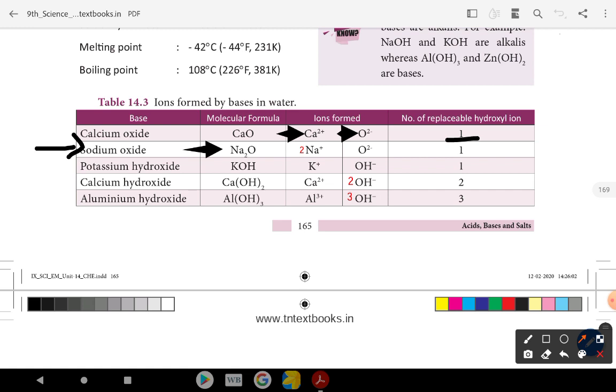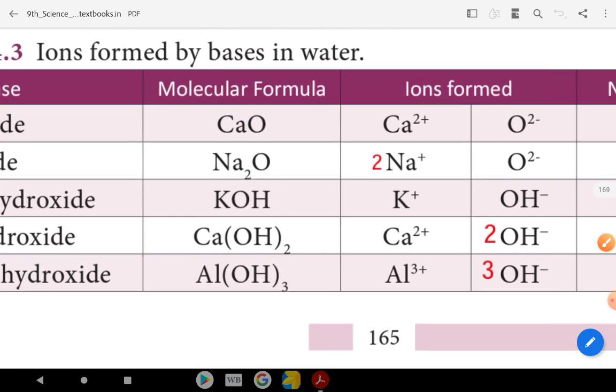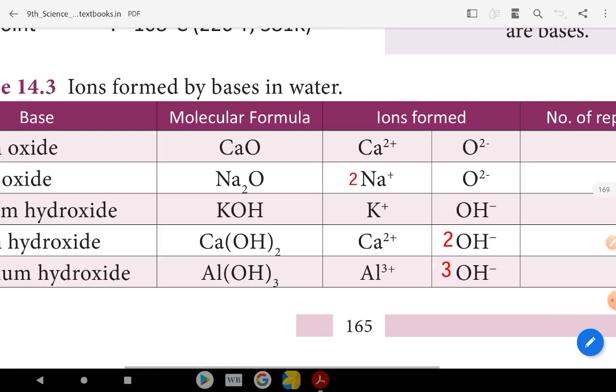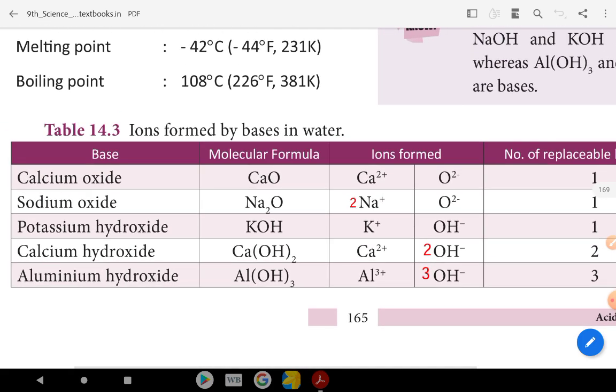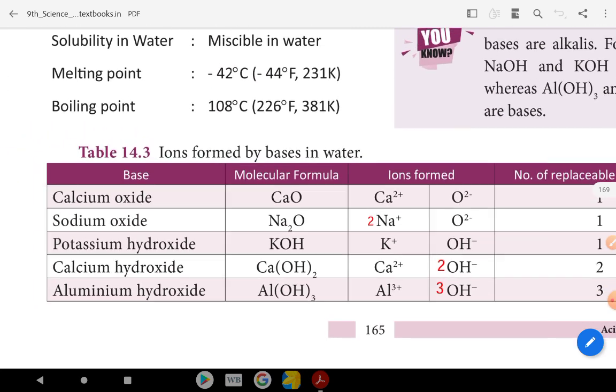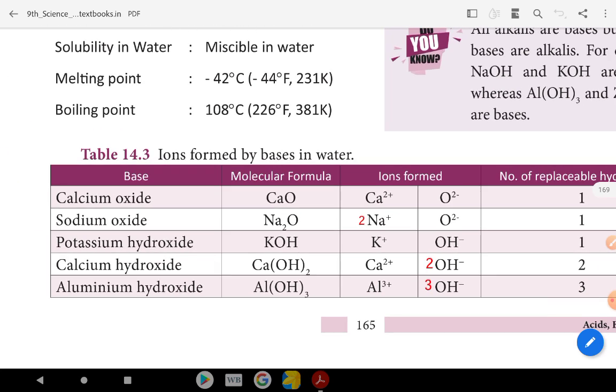Let me highlight it, children. Let me make it a little bigger so that you can see clearly. Alright, let's go on. The second one is sodium oxide, and I want you to see the last column also. The formula is Na2O, and you have 2 sodium, so you will get 2 Na+.